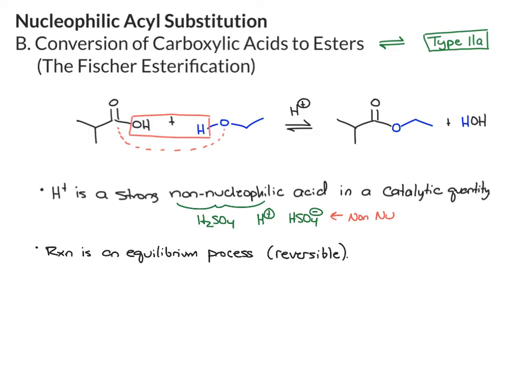And with these type of equilibrium reactions, we have to have a way to drive this reaction to the desired products. So we want to drive the reaction to the right. And there's a couple of ways to do this. One way is to add an excess of one reagent.